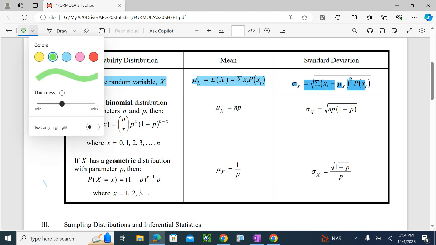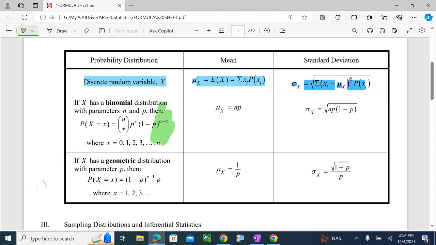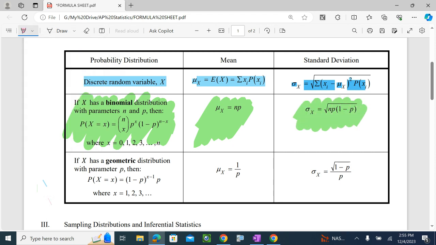Do I need to use the binomial distribution? Is the word problem I'm looking at a binomial with the mean and the standard deviation belonging to it? Or is the situation I'm looking at more of a geometric distribution, and then I can use the mean and standard deviation formulas to find as well?